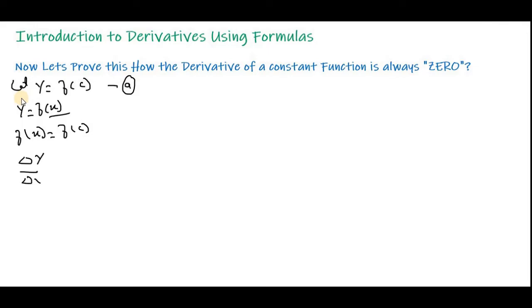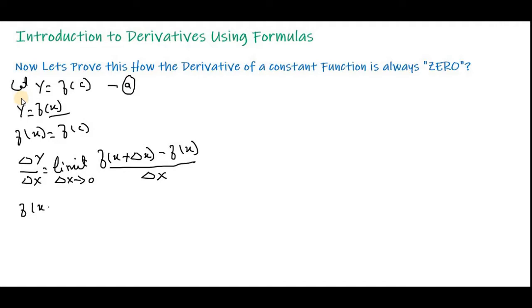Now we will use the formula to prove: delta y by delta x is equal to limit delta x approaches 0, f of x plus delta x minus f of x, whole divided by delta x. Here we have used the limiting method, which is delta x approaches 0.